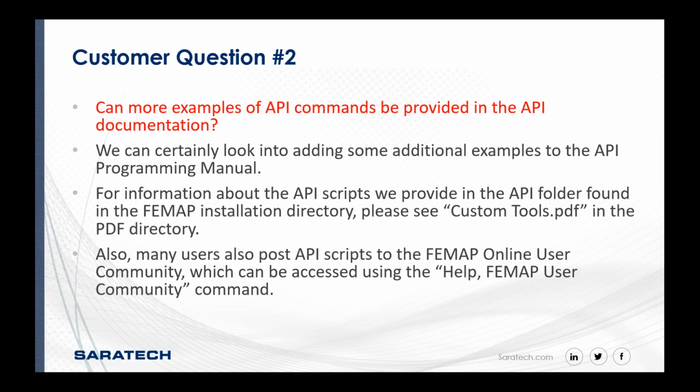So you can find out what every one of the API scripts that we ship does for you. And the code for those API scripts is in the various directories underneath the main API directory in your FEMAP installation folder. That's going to be some pretty helpful information for some of you, especially if you're just getting started with the API.